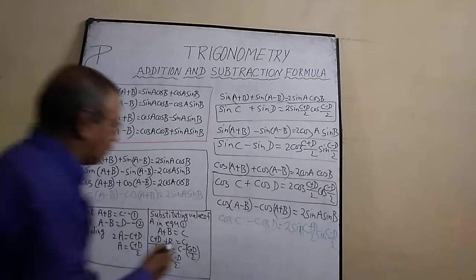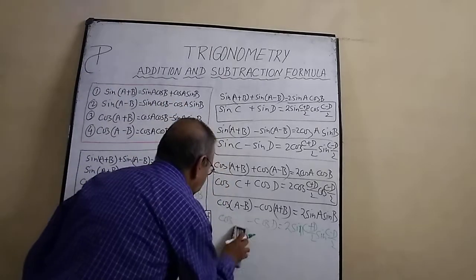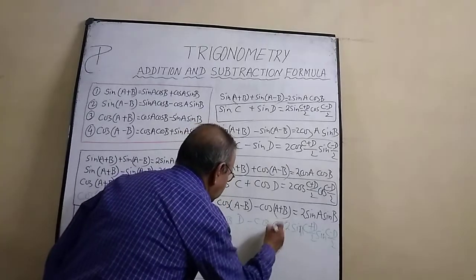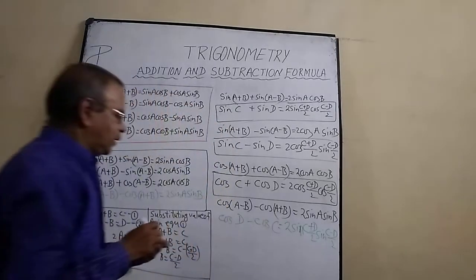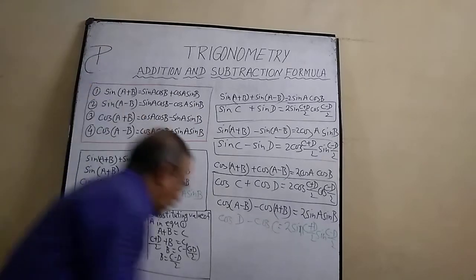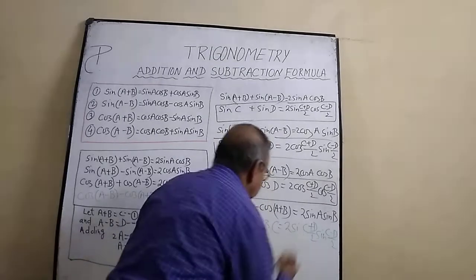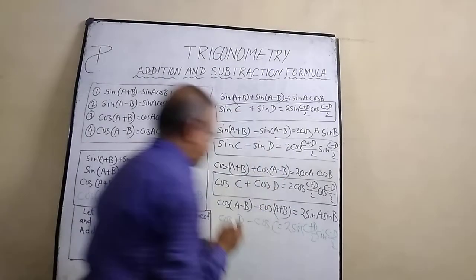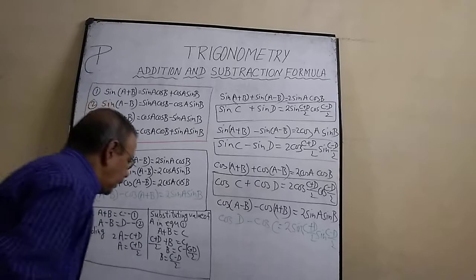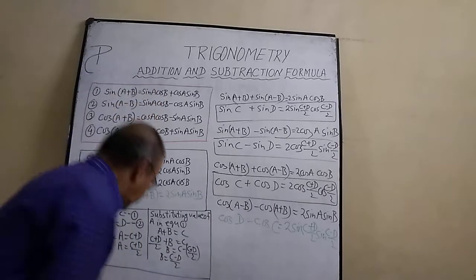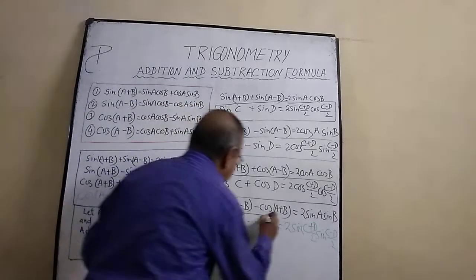But here remember, this is equal to minus sin D minus C, and this is the most important factor. Therefore we can also write this in another form, which is also very important.